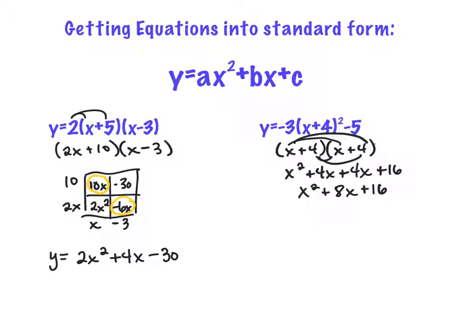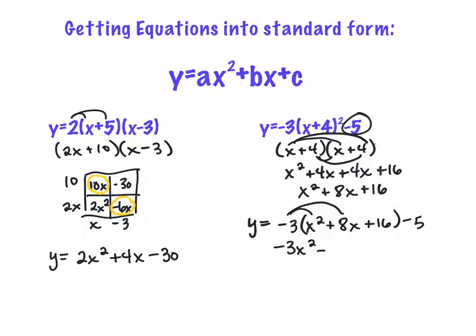So now I need the rest of the equation in there. So I have y, not yellow, I don't want to do that in yellow, sorry. So I have y equals negative 3, and then instead of the x plus 4 squared, I'm going to have x squared plus 8x plus 16, and then I need that negative 5. So I'm going to distribute first: negative 3x squared.